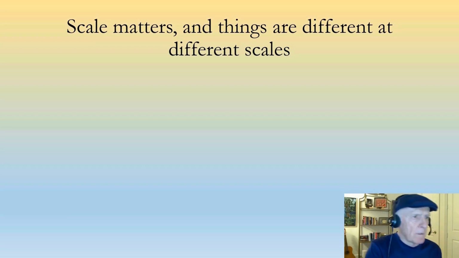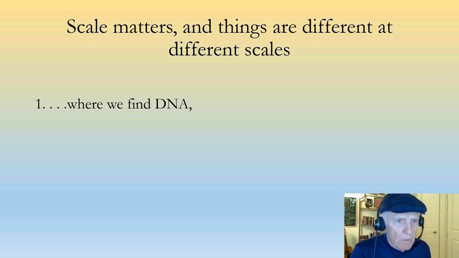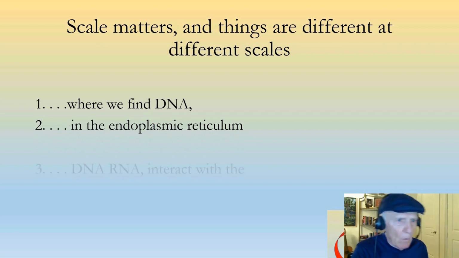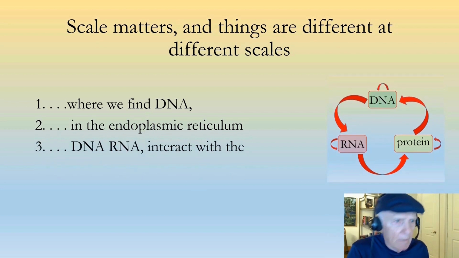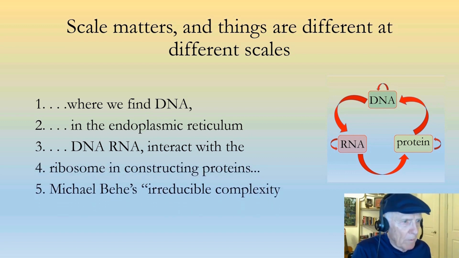Scale matters, and things are different at different scales. In experimental determinations of what is true, scale counts a whole bunch. At the level of the cell nucleus, where we find DNA protected inside the very center of the nucleus, outside of it in the endoplasmic reticulum, where the DNA and the RNA interact with each other and with proteins through the ribosome, we meet up with Michael Behe's irreducible complexity.